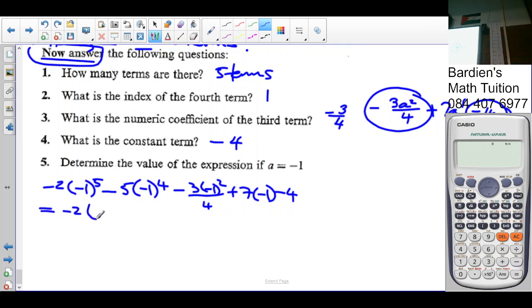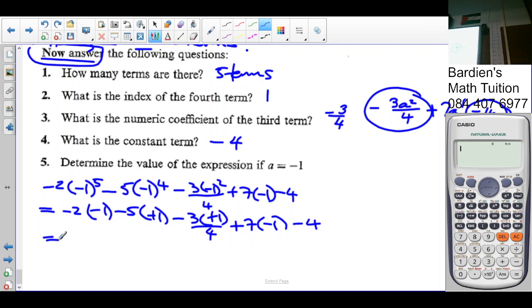So it's negative 2. Negative 1 to the exponent 5 is negative 1. Negative 5. Negative 1 to the exponent 4, positive 1. Negative 3. Negative 1 to the exponent 2, positive 1. Over 4 plus 7 times negative 1. You could have multiplied it out if you like at that point.